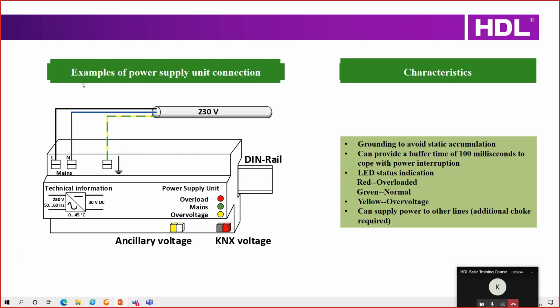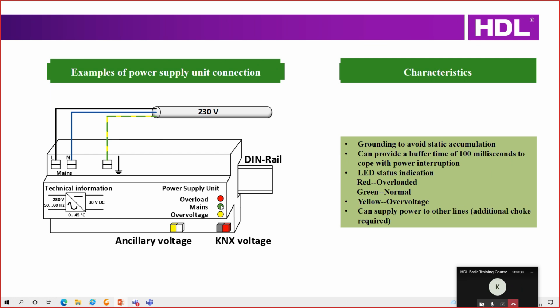And here is another example of power supply unit connection. You have to ground it to avoid static accumulation. And it can provide a buffer time of 100 milliseconds to cope with power interruption. And it has LED status indication. The red one represents overload, the green one represents normal, and the yellow one over voltage.